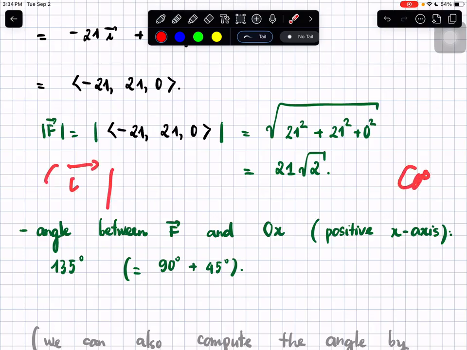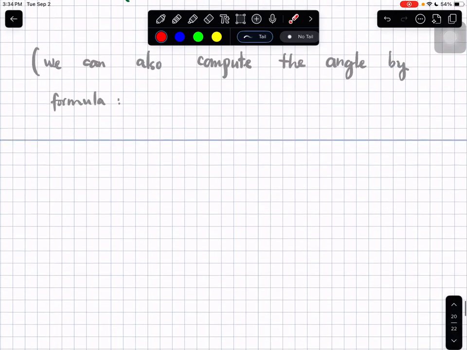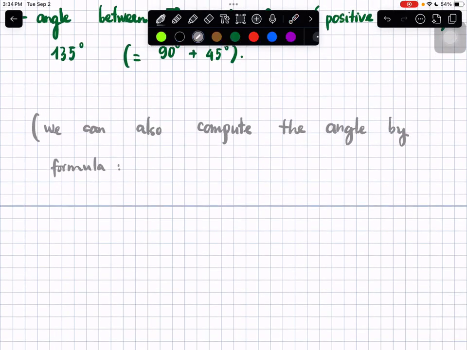So we can find the cosine of the angle theta.